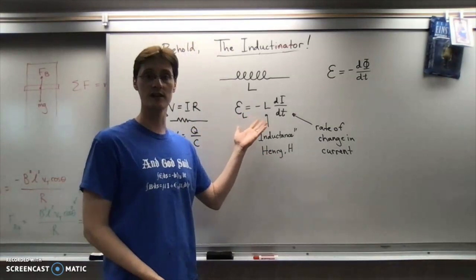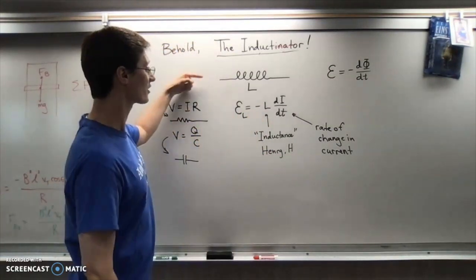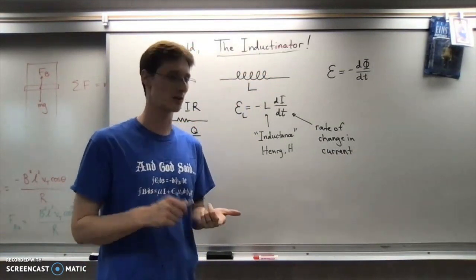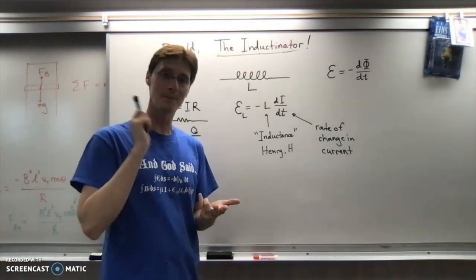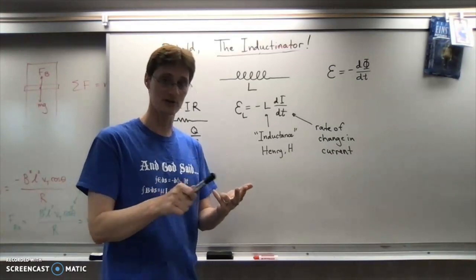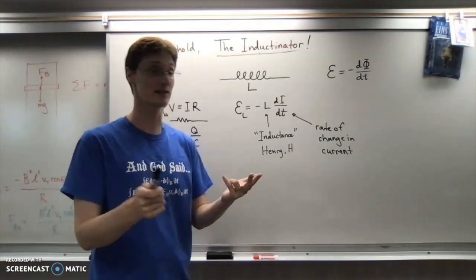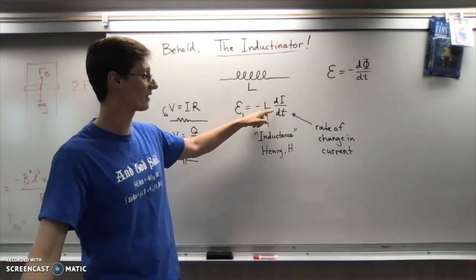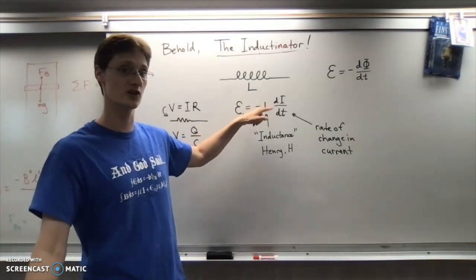Same thing goes here for the inductor, right? If there's a current passing through it, whether it's 1 amp, 0.1 amps, or a million amps, the amount of current was irrelevant as far as this equation goes. All this equation cares about is the rate at which the current is changing.